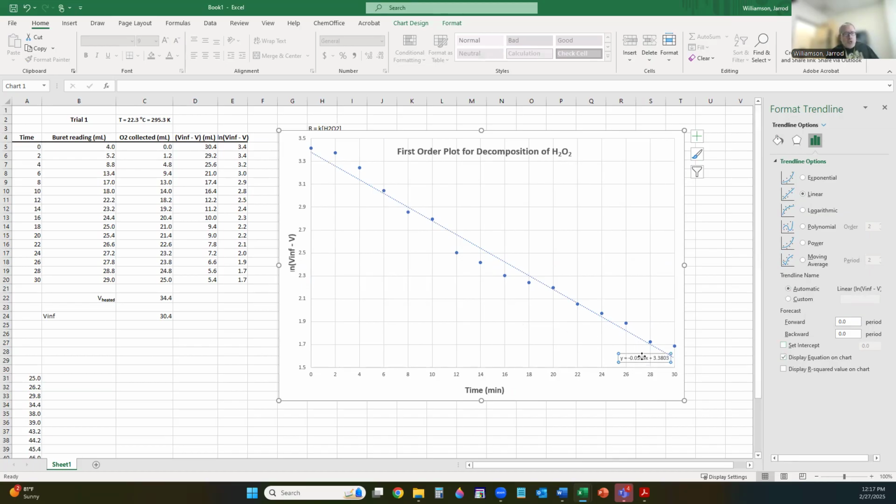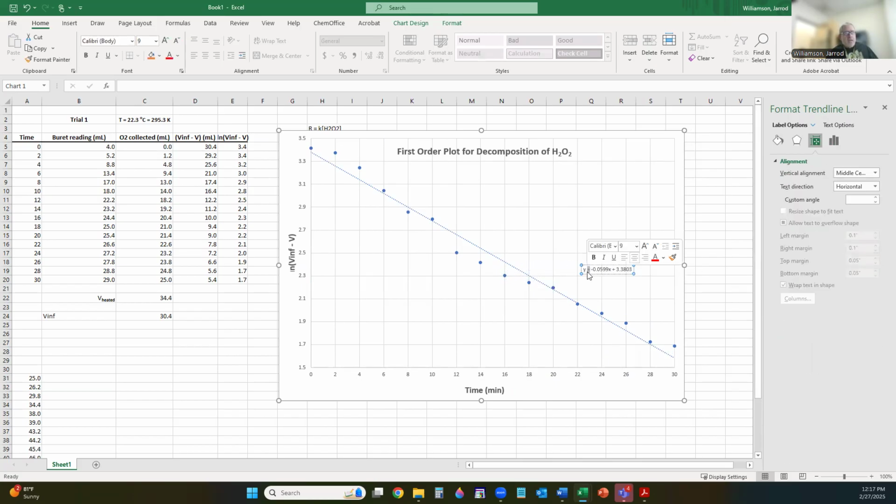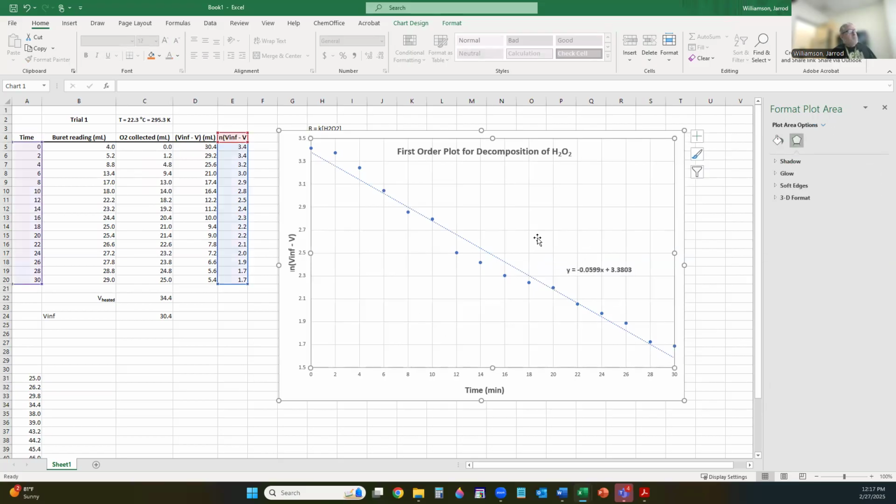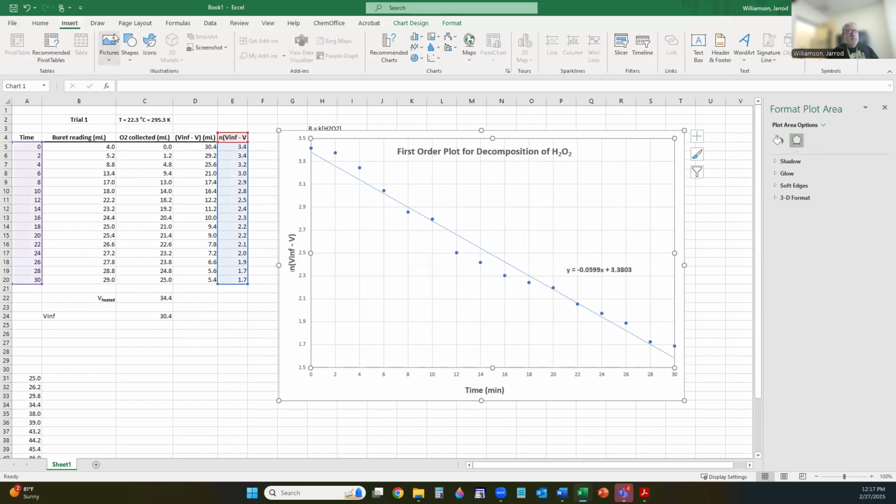I'm now going to move this, it's usually like right about here is good. And then I'm going to make it bigger because I want all of it to be legible for the professor. And then I'm going to separately, one way or another, right?